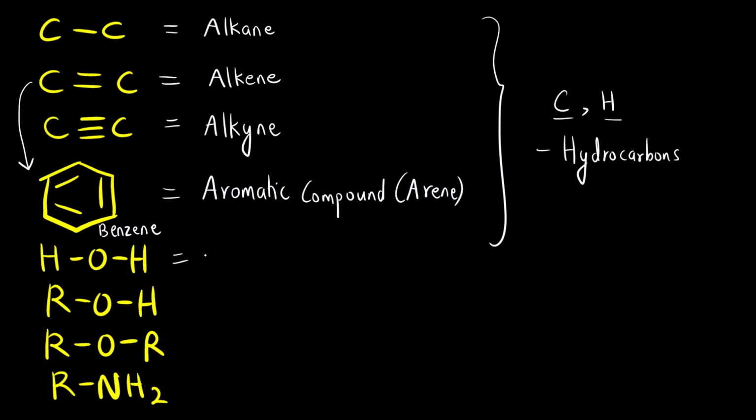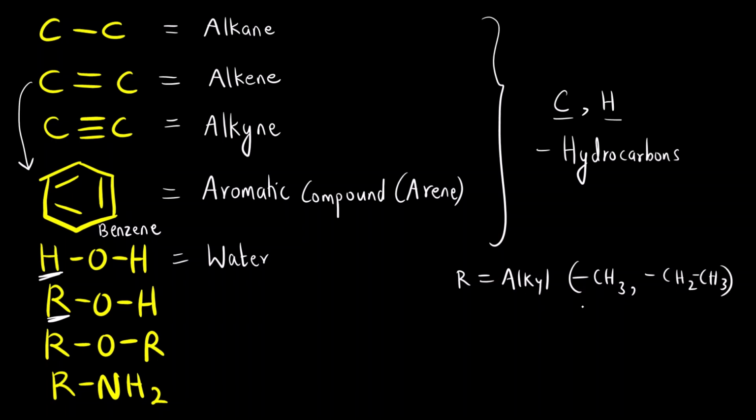Now this is H2O. We know it is water, and these two functional groups are derivatives of water. If I replace one hydrogen with an R group, R can be an alkyl group. What is the meaning of alkyl group? Alkyl group means CH3, CH2, CH3, an aliphatic group, or it can be an aromatic group, that is aryl.